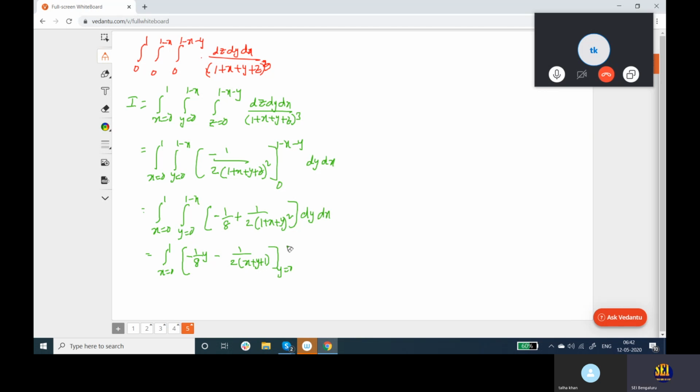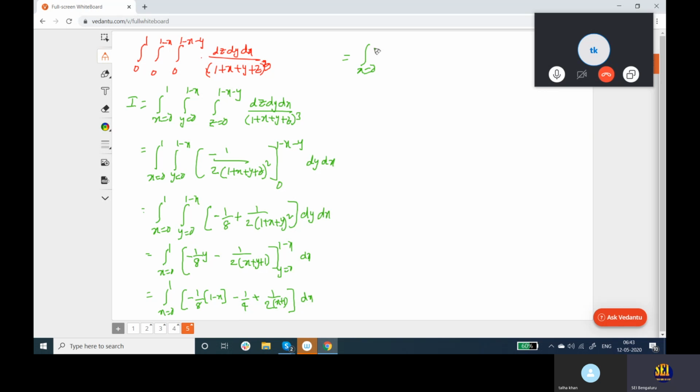Y is equal to 0 to 1 minus x dx. Now integral so and so. Okay, on the y place upper limit minus lower limit, first you substitute. X is equal to 0 to 1, minus 1 by 8 of 1 minus x, minus 1 by 4 plus 1 by 2 into x plus 1 dx.